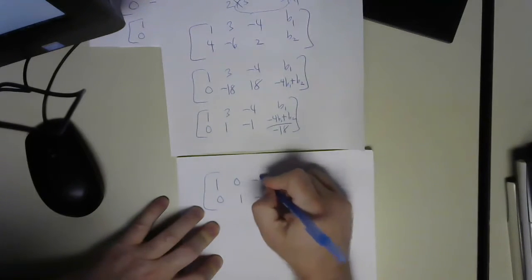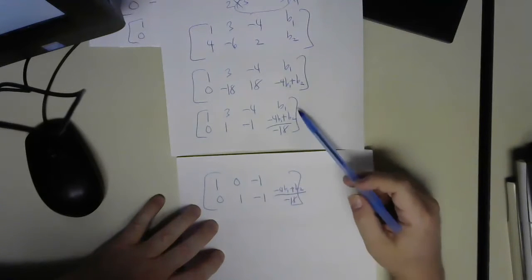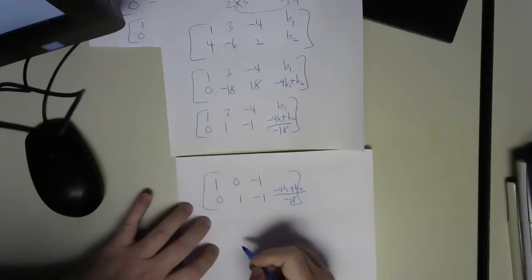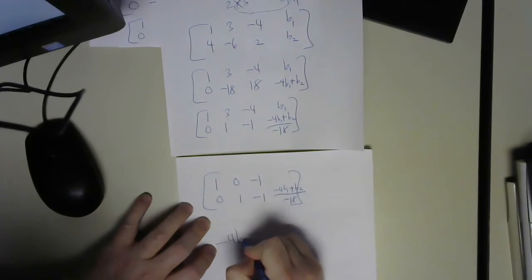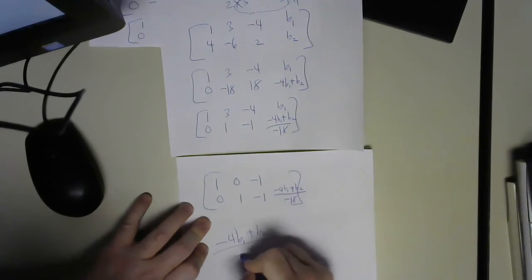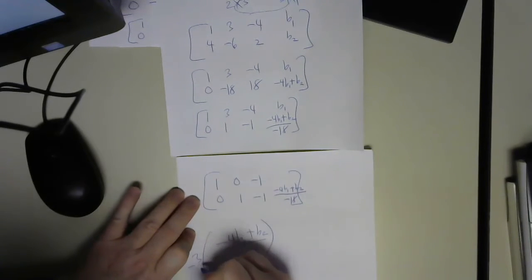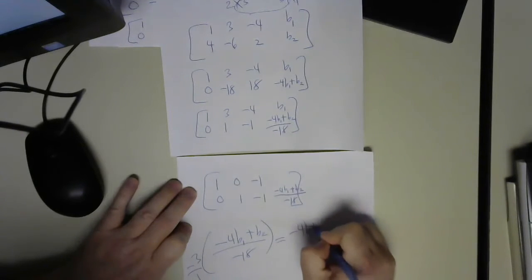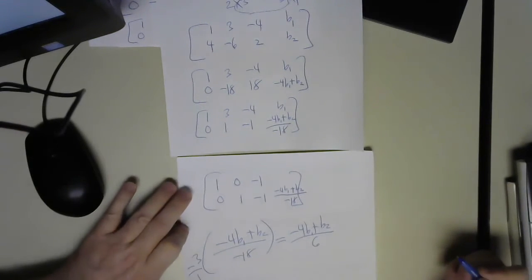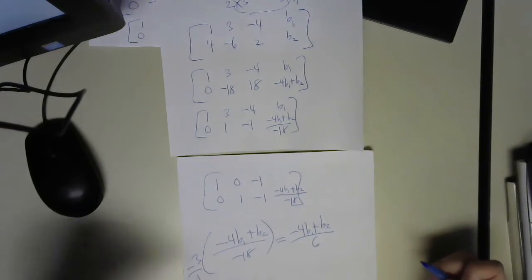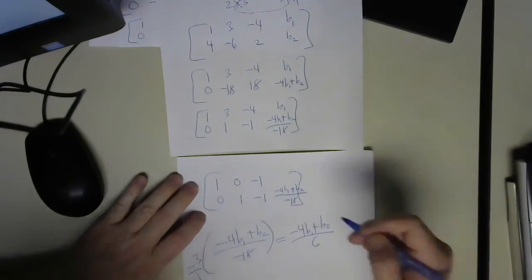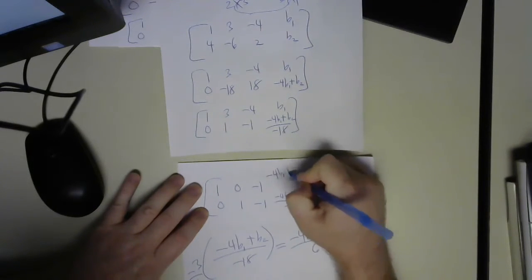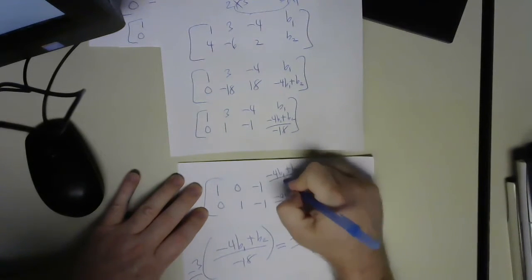If I add that to -4, I get -1. Now I'm going to multiply this thing by -3. When I do that, that'll just give me a +6 on the bottom. But I need to add that to b1. I'm not sure I want to simplify it, so I'm just going to leave it in that form. It's a little messy.